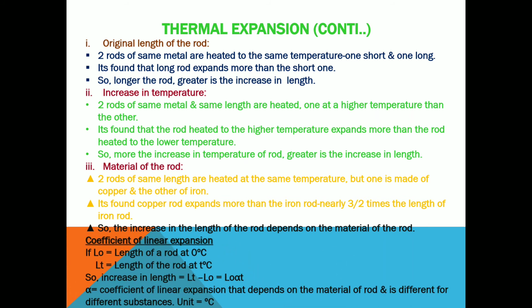Now, coefficient of linear expansion. What is the coefficient of linear expansion? If L0 is the length of the rod at 0 degrees centigrade and LT is the length of the rod at T degrees centigrade, then the increase in length is LT minus L0, which is equal to L0 alpha T. Alpha is the coefficient of linear expansion, which depends on the material of the rod and is different for different substances.